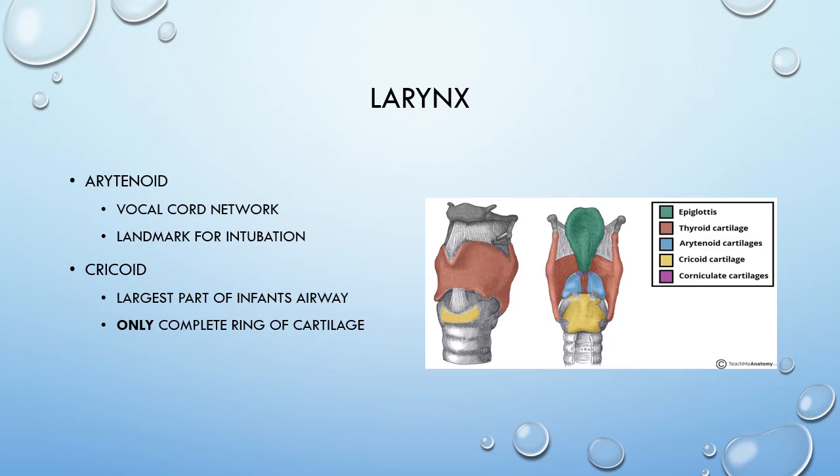So I want to talk in a little more detail about the arytenoid cartilage and the cricoid cartilage. The arytenoid cartilage is around the vocal cord network. It protects it, and it's a landmark for intubation.